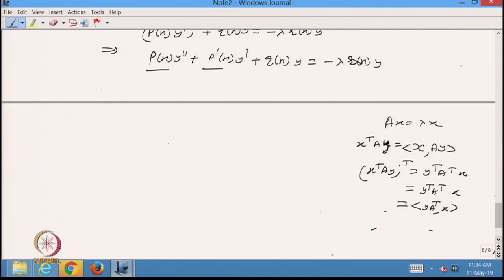And from here, if A transpose equals A, then the corresponding eigenvalue lambda is real. The same thing we are going to do here.